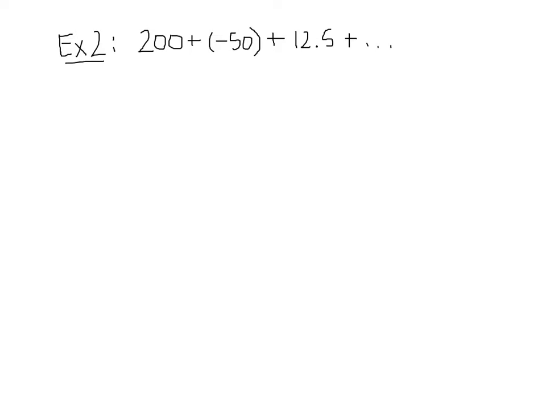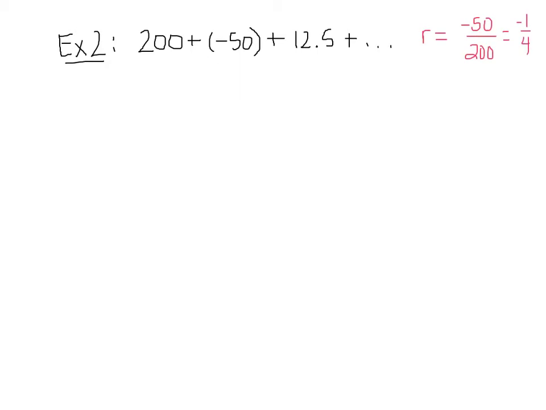Example 2, we have 200 plus -50 plus 12.5 plus and so on. In order to tell what the r is, you can compare two numbers by dividing them. If you cannot tell exactly what the r is, take two numbers. Let's take the -50 and divide it by the previous one, which is 200, and you'll see that the r is -1/4.